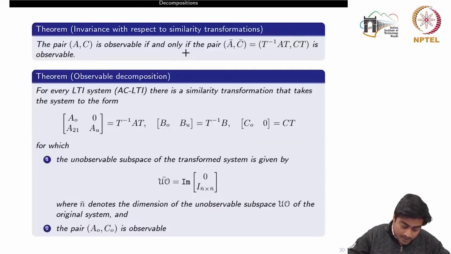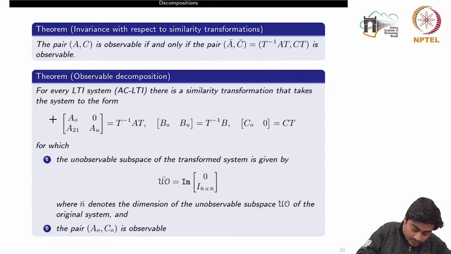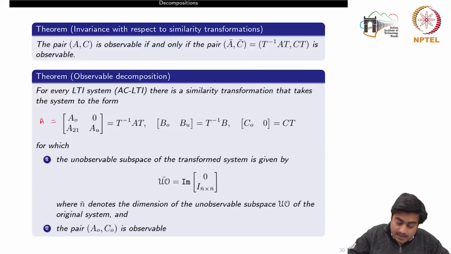So this is an important result which speaks about the observable decomposition. For every LTI system, there is a similarity transformation that takes the system to this form. This is my new A bar. We had seen earlier that A bar is defined as T inverse AT. Now here we are giving a shape to this A bar matrix, which is A_O, 0, A21 and A_U, equal to T inverse AT.